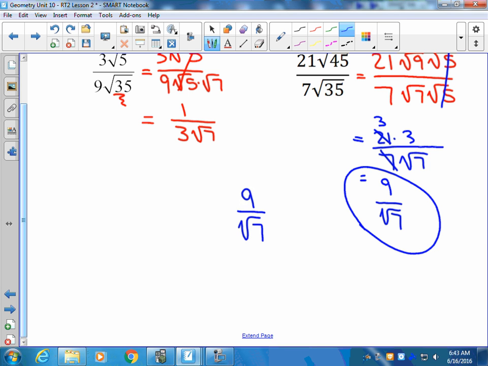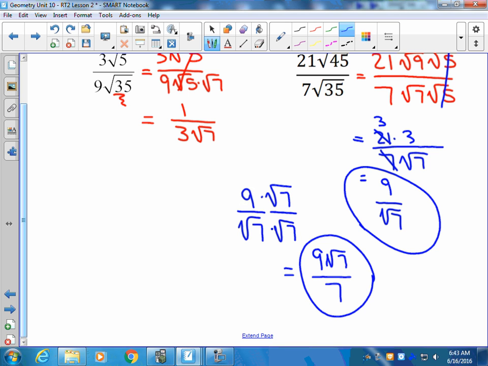We don't want the denominator to be a radical value. So we multiply it by itself. Now, we can't do that just by the bottom. We also have to multiply it by the top value. Square root of 7 times square root of 7 gives you 7, and then on the top we'll have 9 square root of 7. So both of these answers are equal to each other.